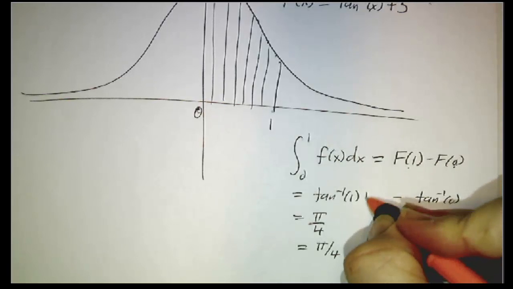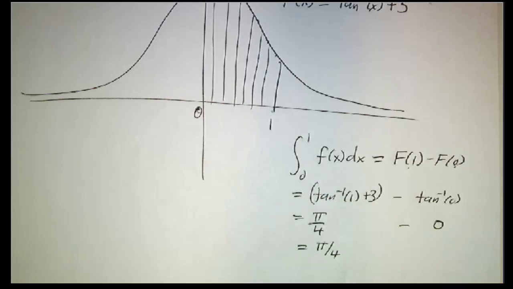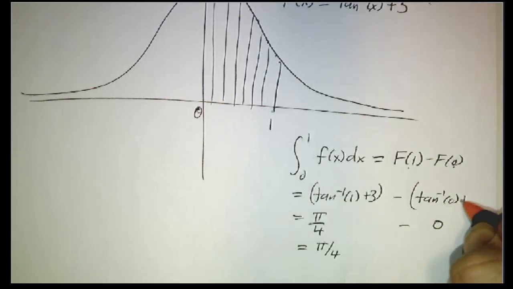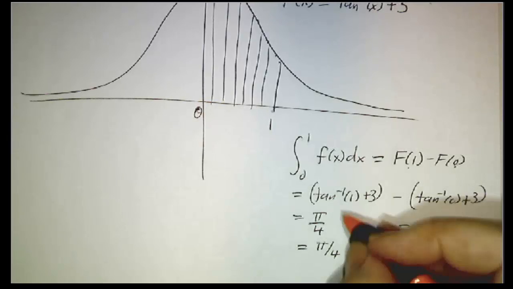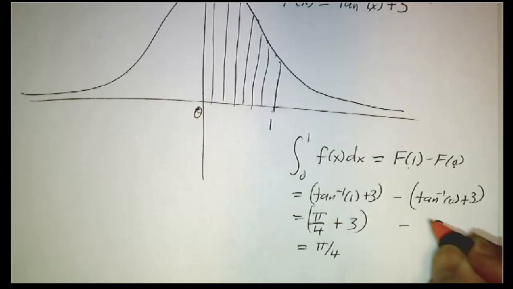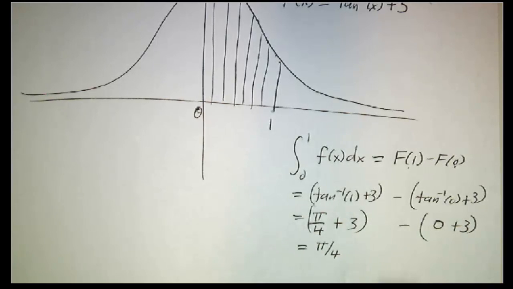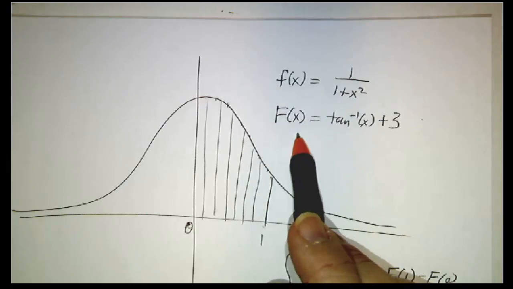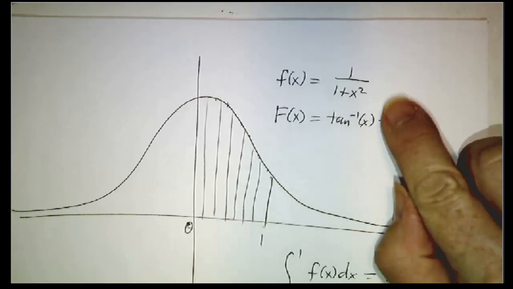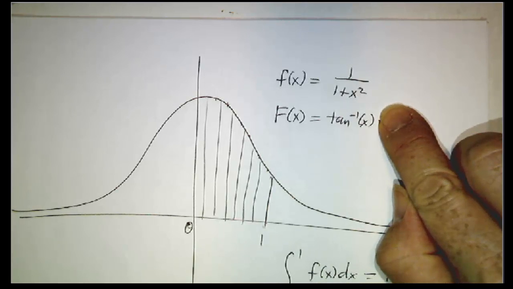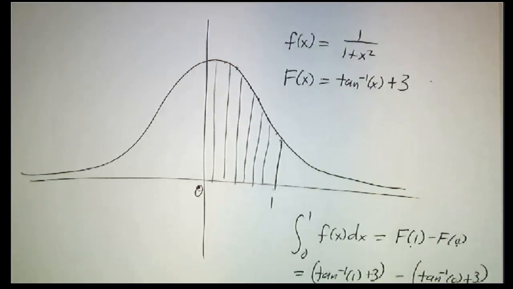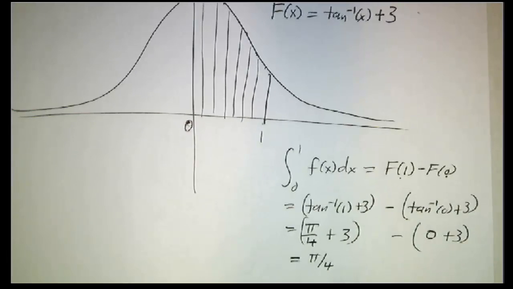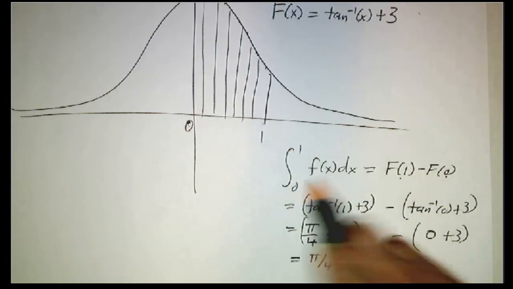Only now, big F of 1 would be the arctangent of 1 plus 3, and big F of 0 would be the arctangent of 0 plus 3. So we'd get pi over 4 plus 3 minus 0 plus 3, and it would still give you pi over 4. The point is that the change in this function is the same as the change in this function. The constant comes along for the ride. So you can use whichever antiderivative you like the best and plug it in, and the fundamental theorem of calculus will still work.